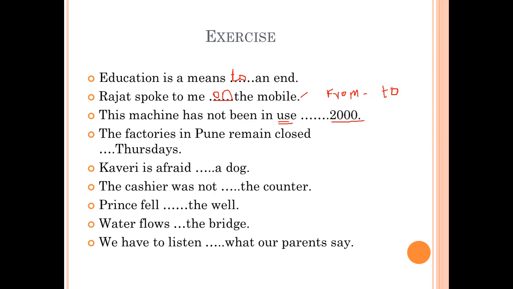If you are using from, it requires to also, from 2000 to 2010, like this. But in that case, you will not get this structure has not been. Here it is going to be since. So since 2000.